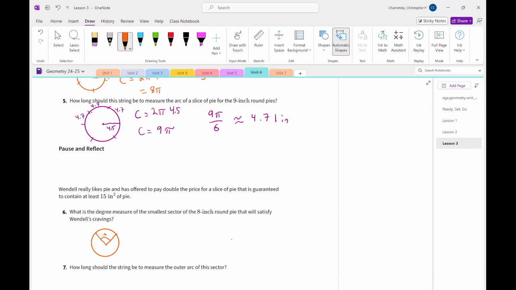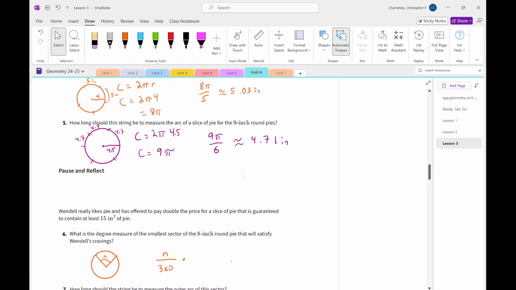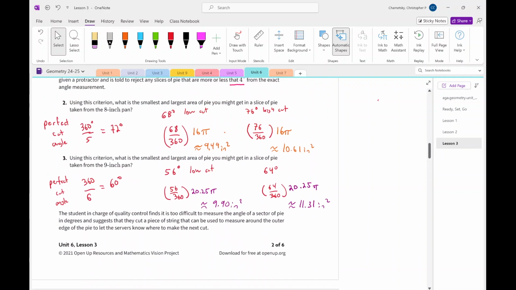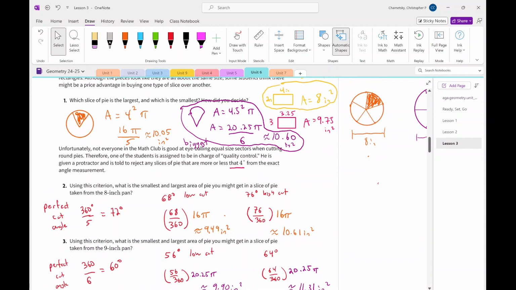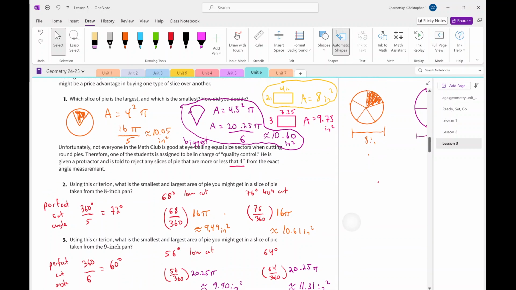So we're going to set it up just the same way we've been doing with our angle over 360. The difference is we don't know what that angle is, so we'll just put n in there. We're still going to multiply it by the area of the entire pie, which, if you remember, was 16 pi.